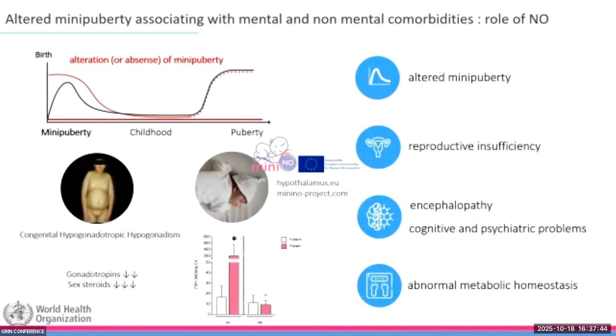I'm mainly interested in drawing your attention to the preterm population of vulnerable kids that actually saw this same exacerbated profile of mini-puberty, and they show a high risk of different types of comorbidities as adults. So this population is being studied in the context of this Mini-No European project, where we assess the role of nitric oxide in the control of this mini-puberty and its possible use as a therapeutic.